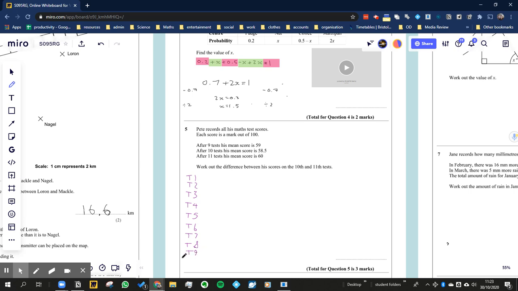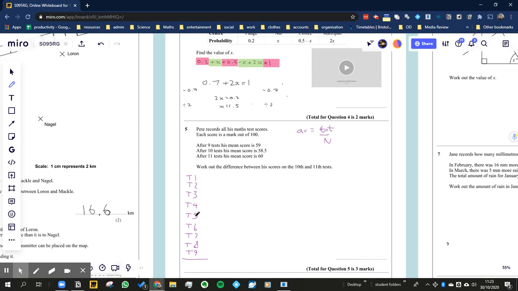Now, the total score there, well, first of all, the average is 59, which means the total would be 59 times 9, because the average is equal to the total divided by the amount there are, or let's do capital N, the amount there are.